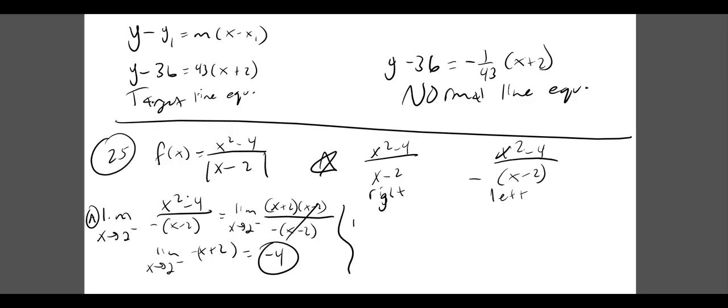For B, we're going to do the right equation. So you have the limit as x approaches 2 from the right. And this one, I'm just going to factor the top: x plus 2 times x minus 2, all over x minus 2. And when you solve that one, you get the limit as x goes to 2 from the right of x plus 2, which equals 2 plus 2 is 4.